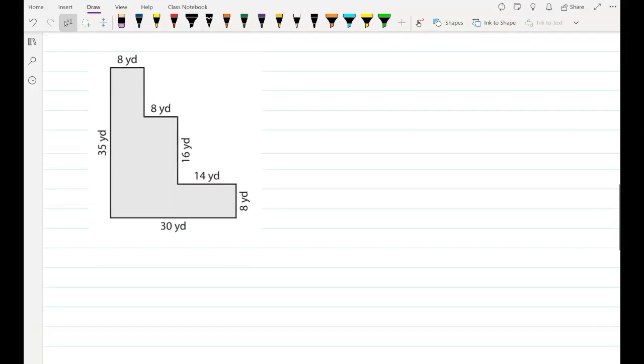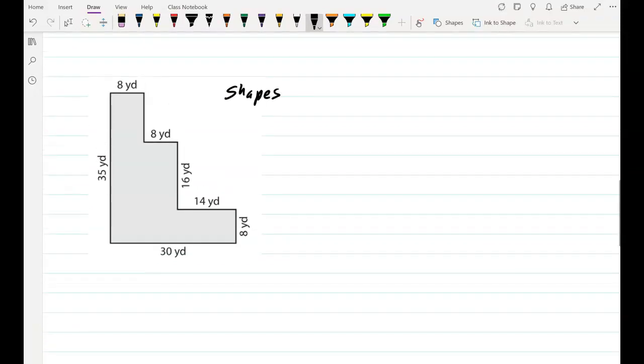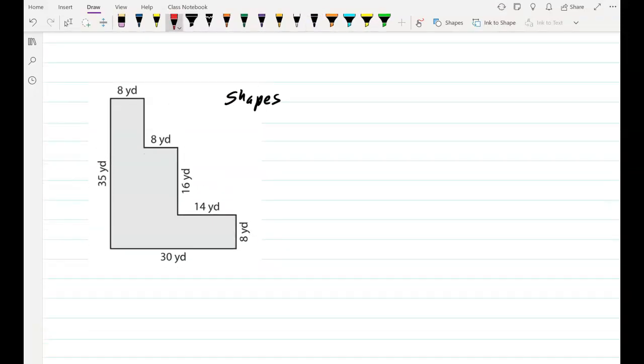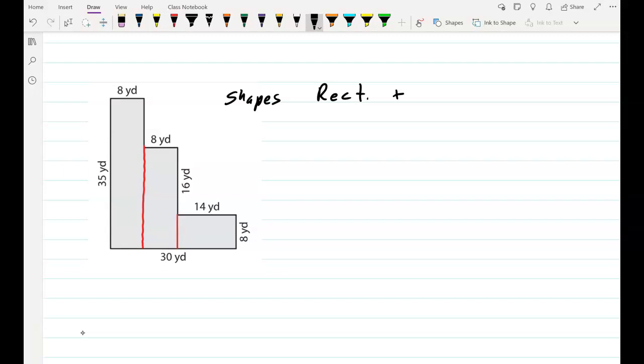Oh, this looks like a fun one. This, to me, looks like we have, let's see, what are our shapes? Let's identify our shapes. Okay, it looks like we have a long rectangle, a medium-sized rectangle, and a third rectangle there. So 3 rectangles. A rectangle plus a rectangle plus a rectangle.